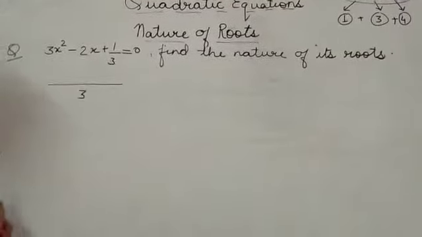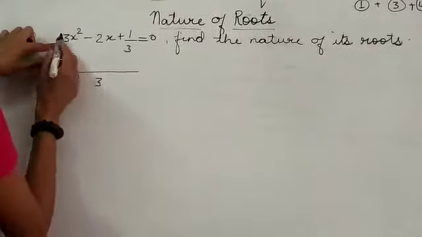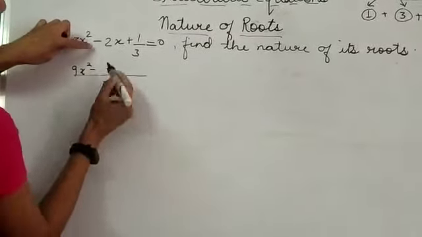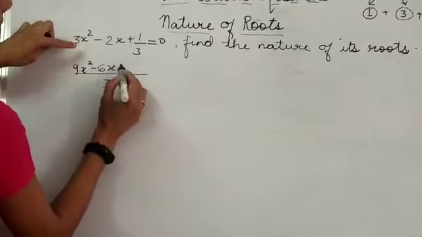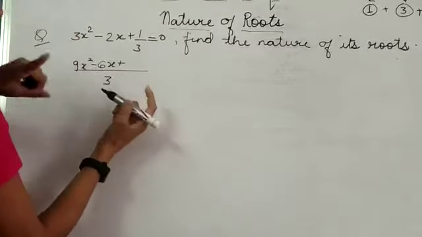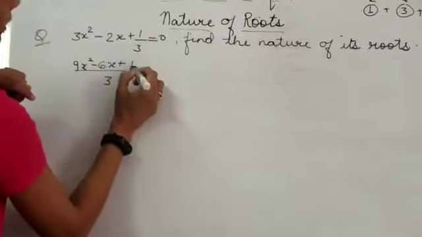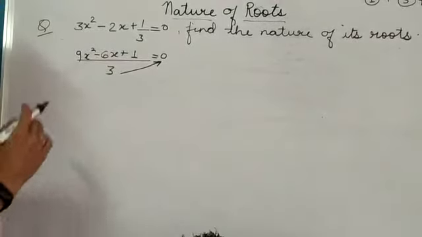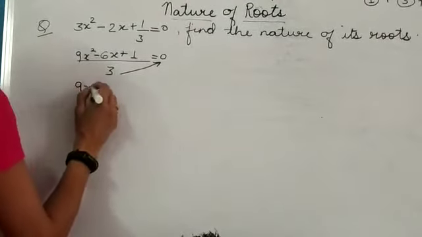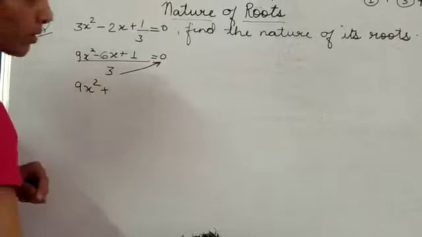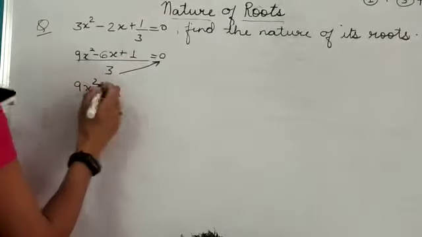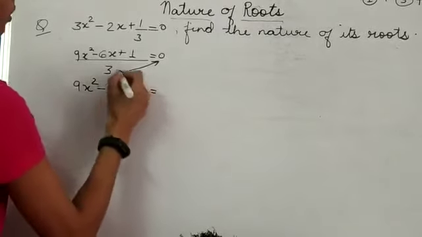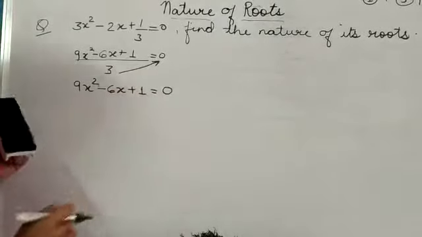So taking LCM as 3, here 3 multiply 3 will be 9x square minus 3 into 2 will be 6x plus 3, 1 times is 3, so 1 into 1 is 1 equal to 0. When this 3 goes that side, then your equation will become 9x square minus 6x plus 1 equal to 3 into 0 will be 0.